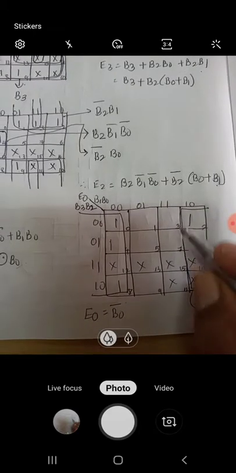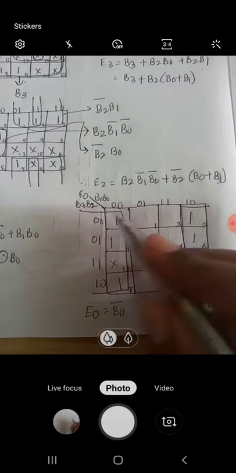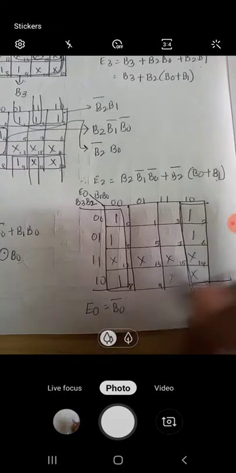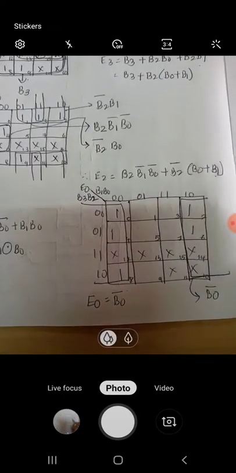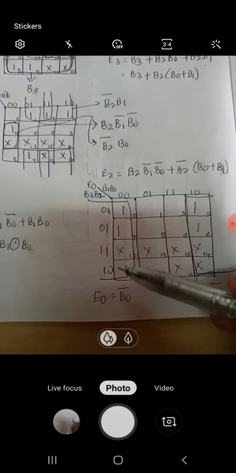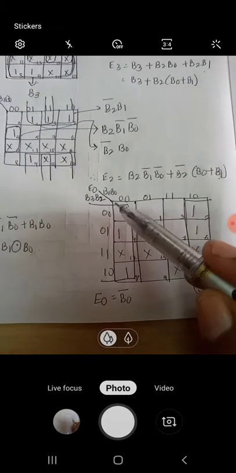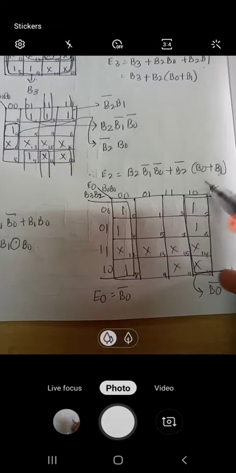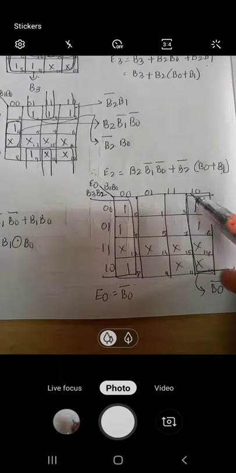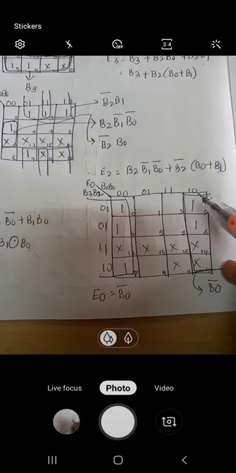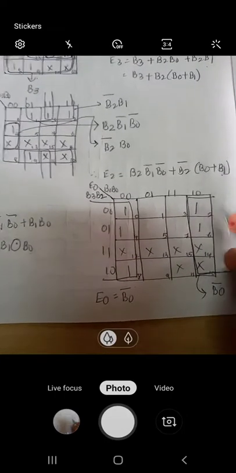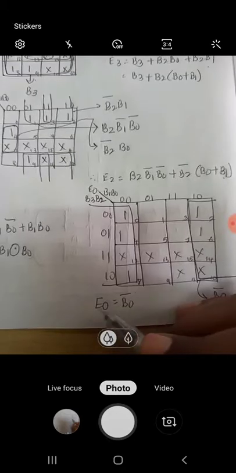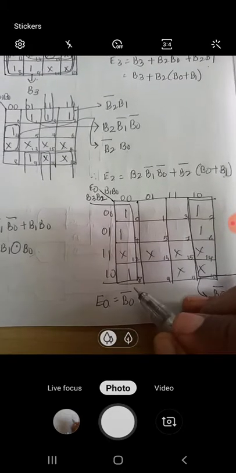So you can go with the corner grouping over here, only one group. You have 8 terms, so you can make a group. All values have changed. I have to consider this row and this column: this is 0, this is B0, so that is 0, so I have a bar. So the expression for E0 is B0 bar.